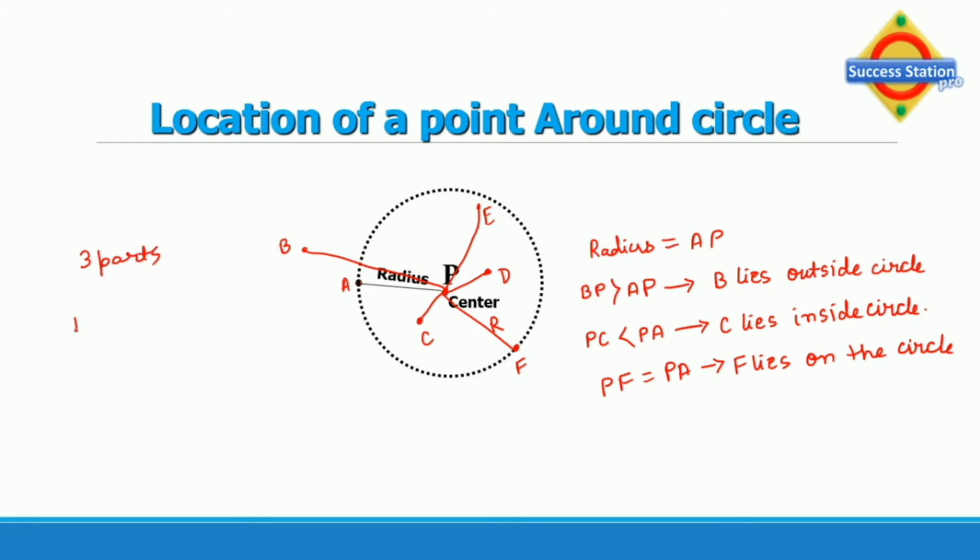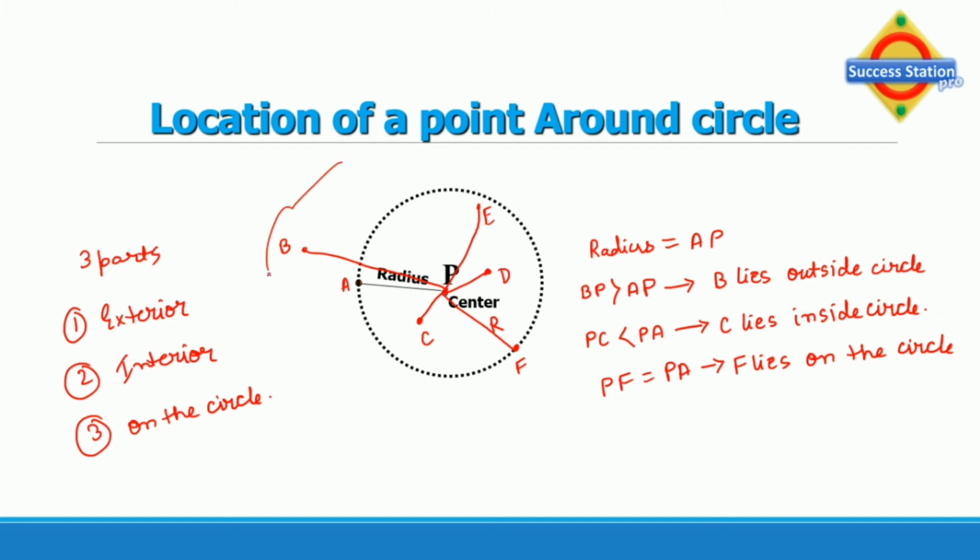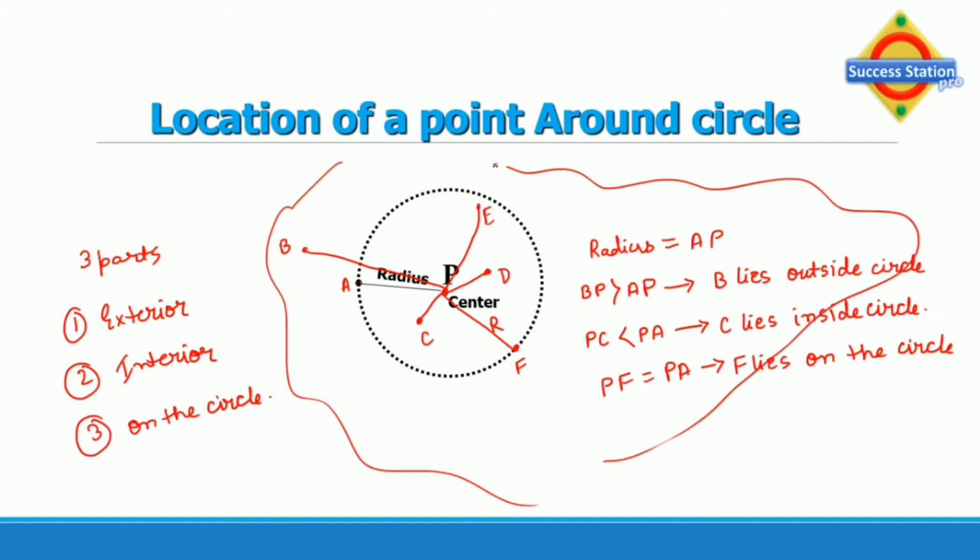First is the exterior of the circle, second is the interior of the circle, and the third is on the circle, points on the circle. Is that clear? So the plane is divided into three parts. One is exterior. This whole area will have distance from the center greater than the radius.